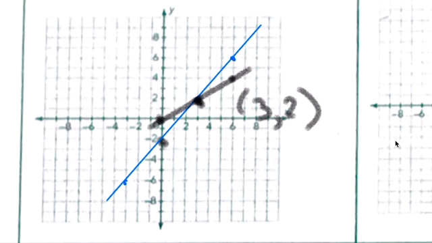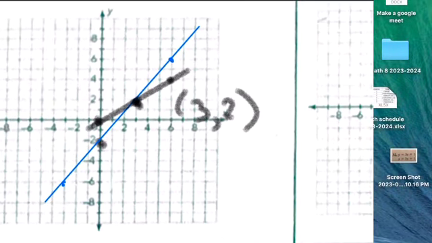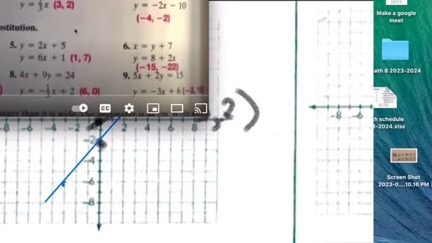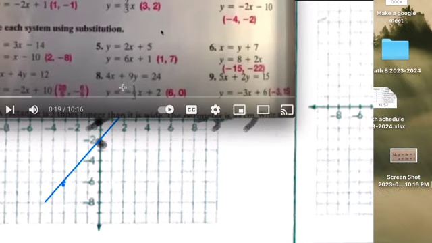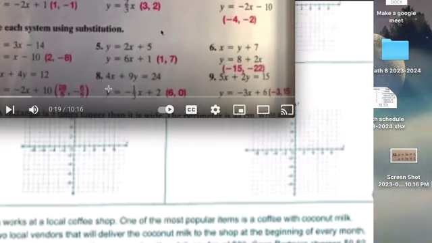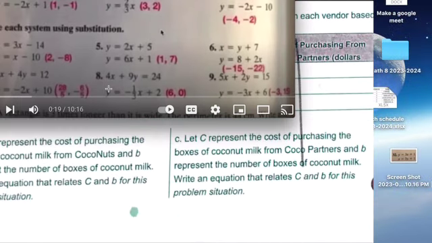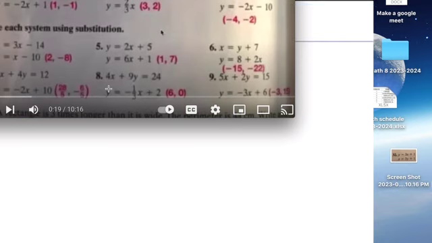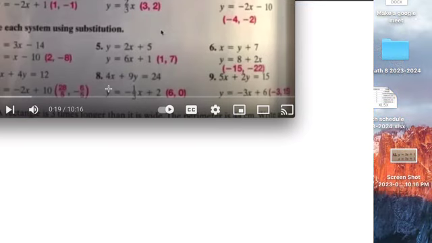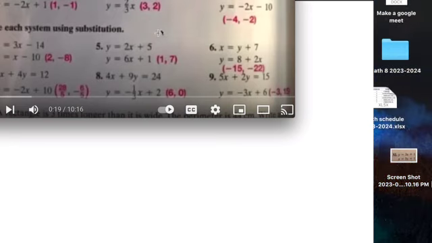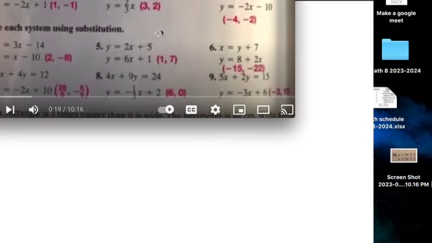Let me see where number 8 is. Okay, number 8 is right there, using substitution. This is an old worksheet, but we're going to save one of the equations.